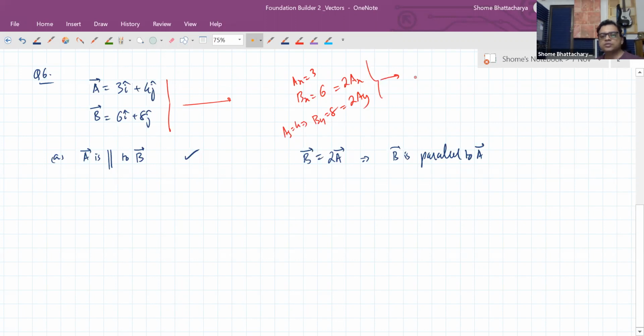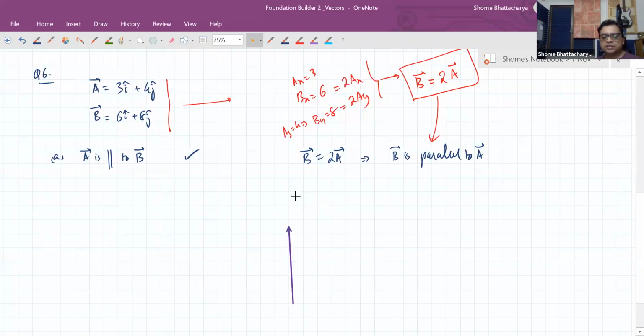So that means you can see over here that the vector B is nothing but 2 times vector A. So we can clearly see that from the definition of multiplication of a vector by a scalar, they are parallel. So that is one method. Now since these are 2-dimensional, we can also do it by another method.